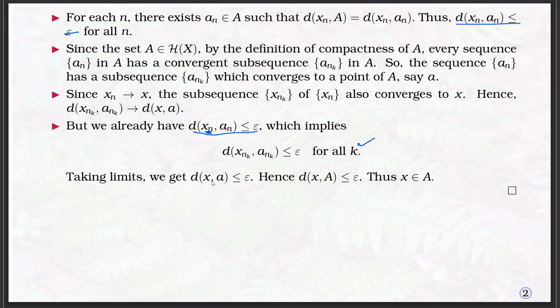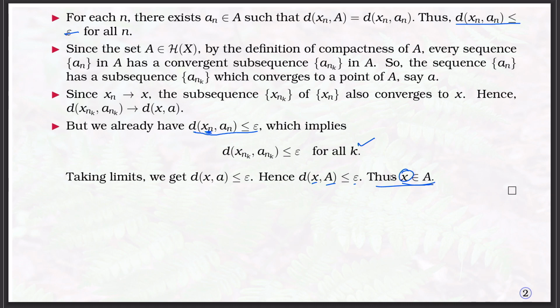Taking the limit, we get the distance between x and a is less than or equal to epsilon. Thus, x belongs to A plus epsilon. So we have taken x as a limit of the sequence.